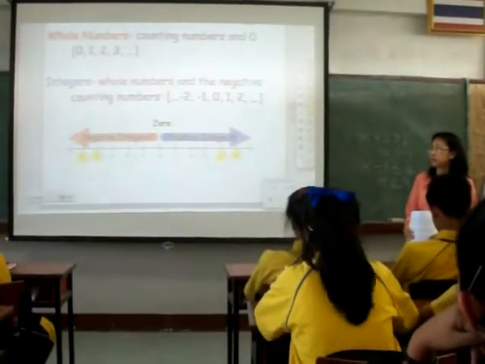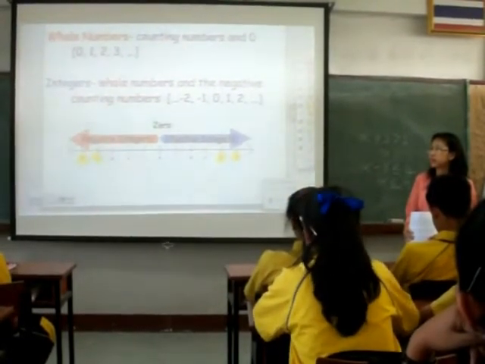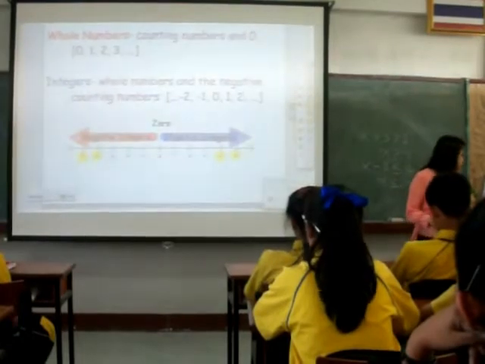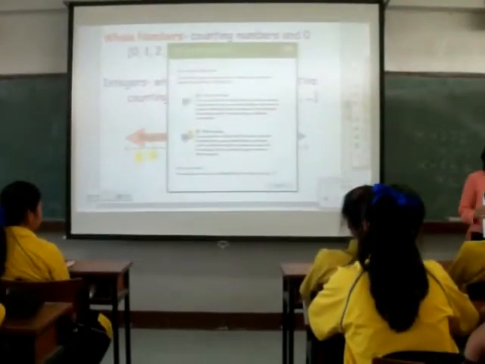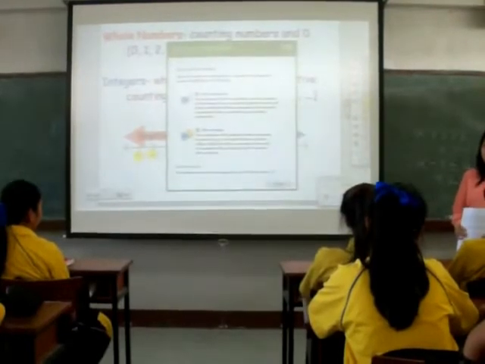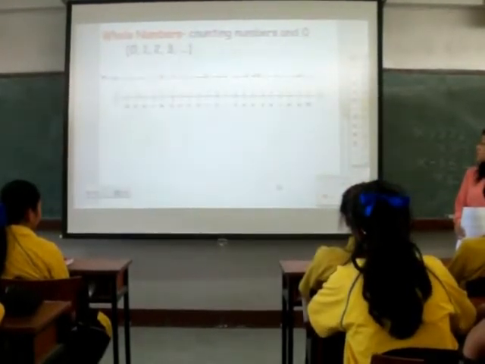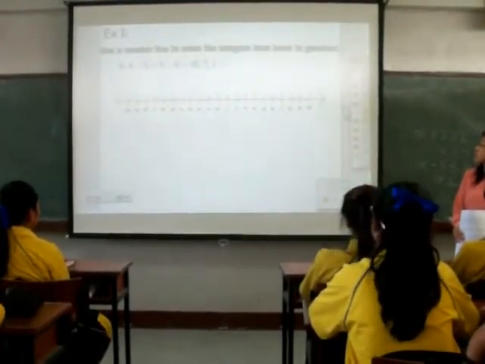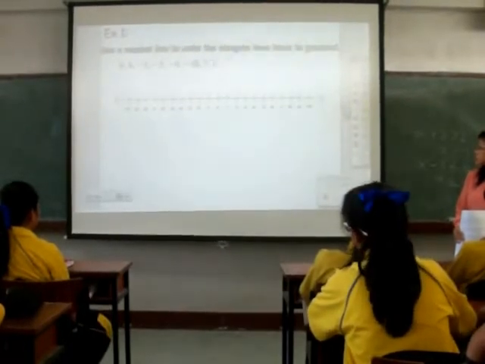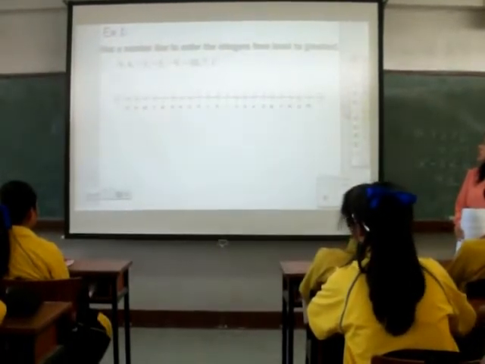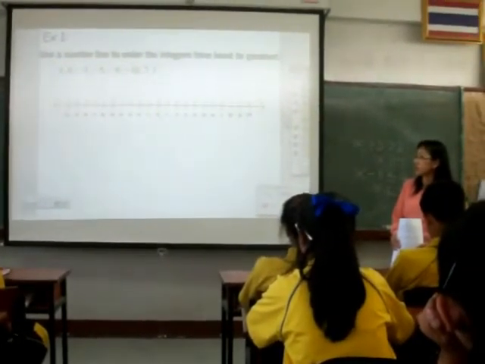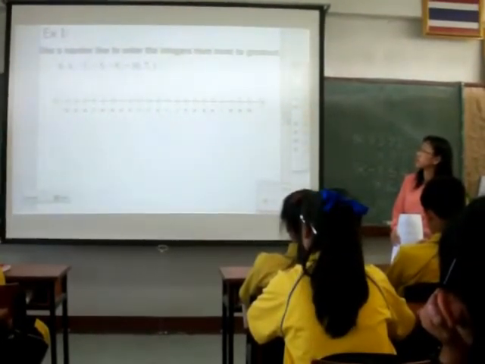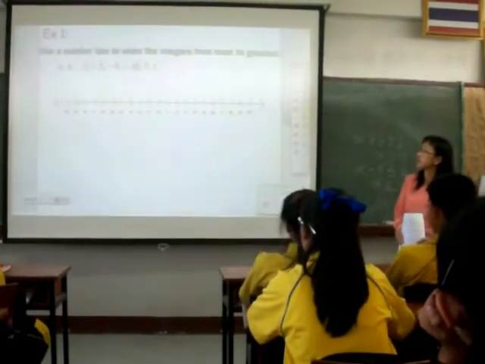So 4 and -4 and 5 and -5 are further apart than -1 and 1. Let's use this number line to order the integers from least to greatest. You don't have to use a number line, but sometimes it can be helpful.